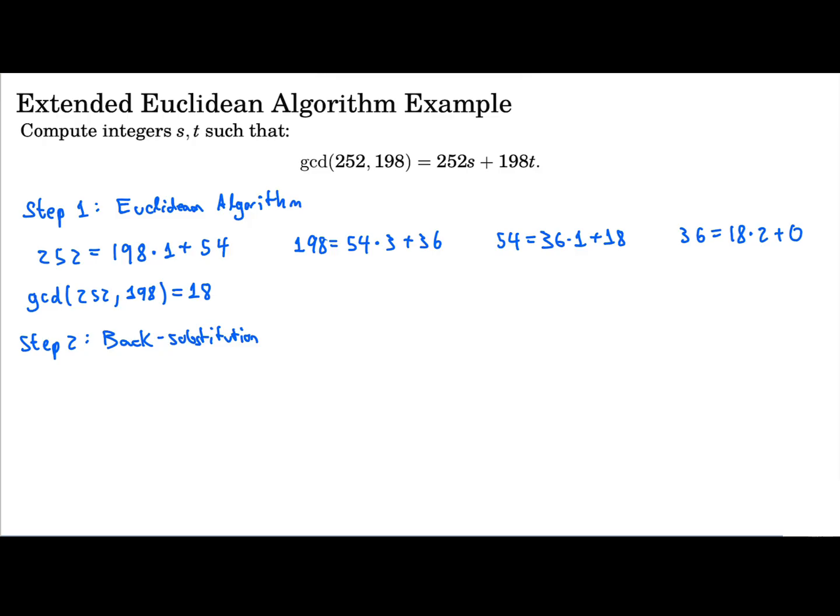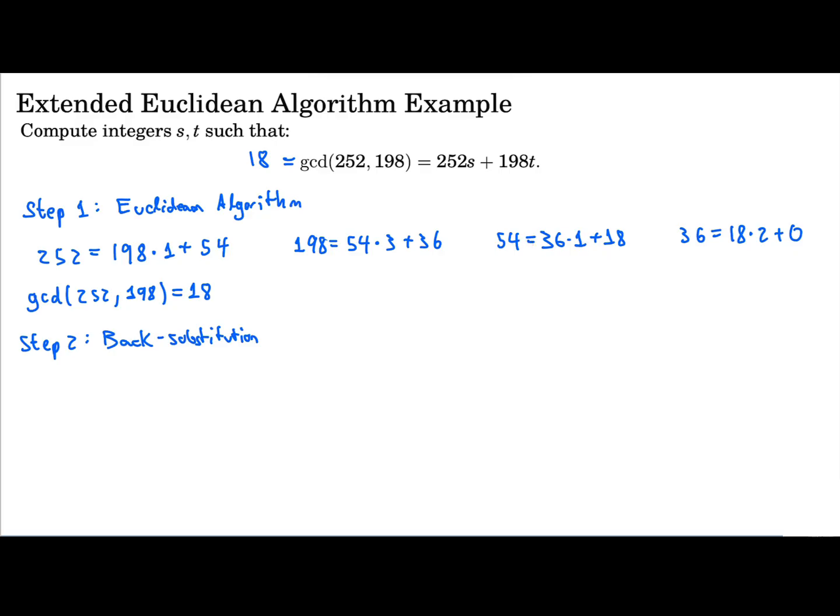Well, we go to the equation where we got the 18 from. At the end of the day, we want 18 to be equal to some combination of these two numbers over here, right? So we come back to this equation and we write 18 in terms of this equation here.